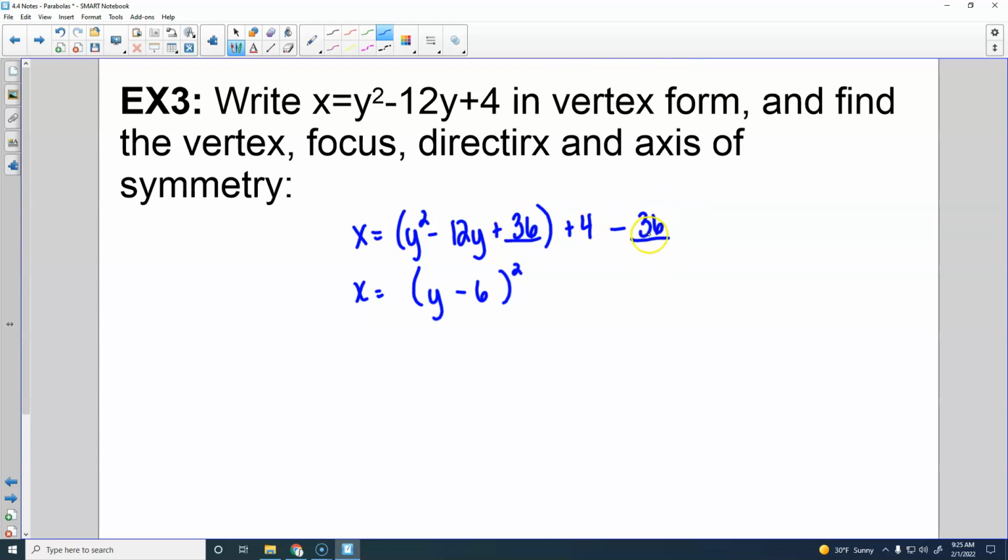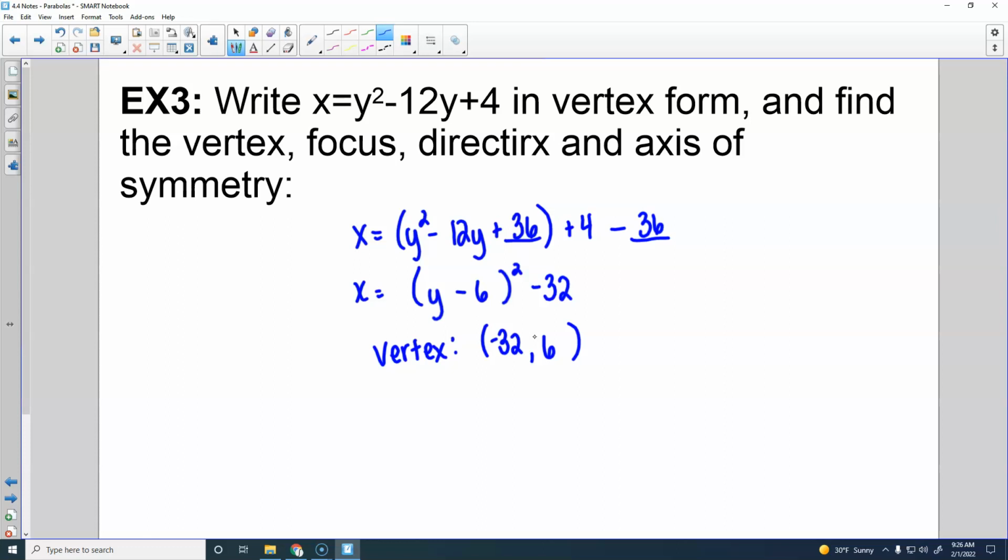So 4 minus 36 is going to give us a negative 32. So our vertex here is going to be at the y coordinate is going to be 6 because this is here with our y. Our other coordinate is negative 32.